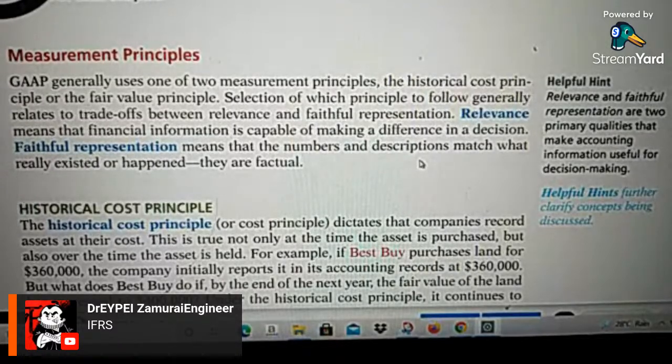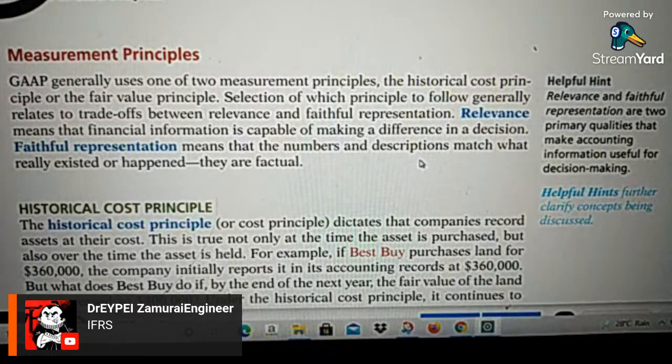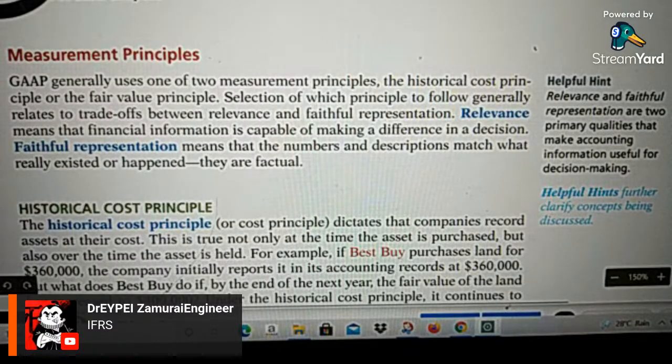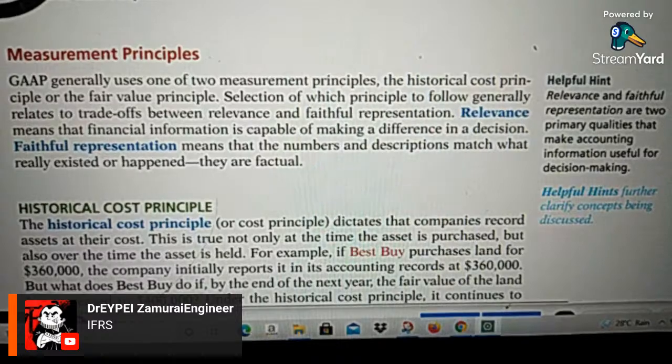Our focus is for external users because we are financial accounting. Anyway, internal users can also use information coming out from financial accounting. But the focus of managerial accounting is for internal users only. Okay? So, that is the measurement tools that we need. If we are using what? GAAP, relevance and faithful representation. Okay?